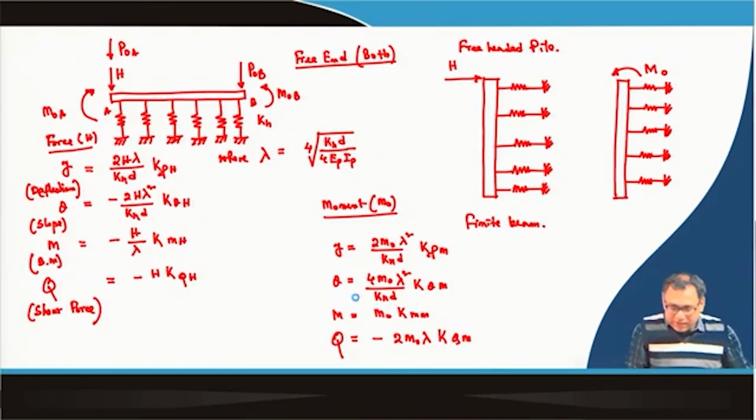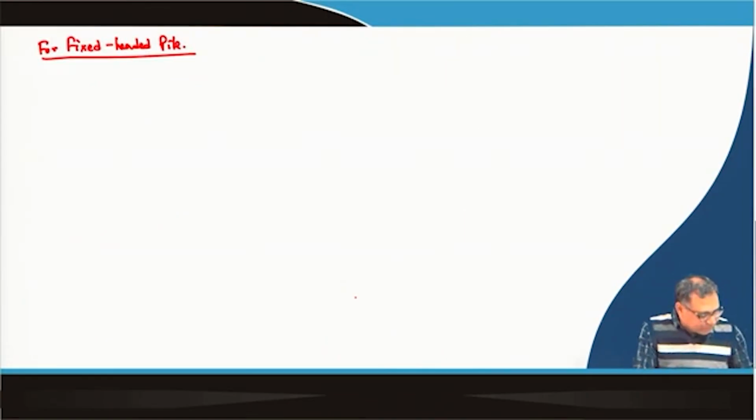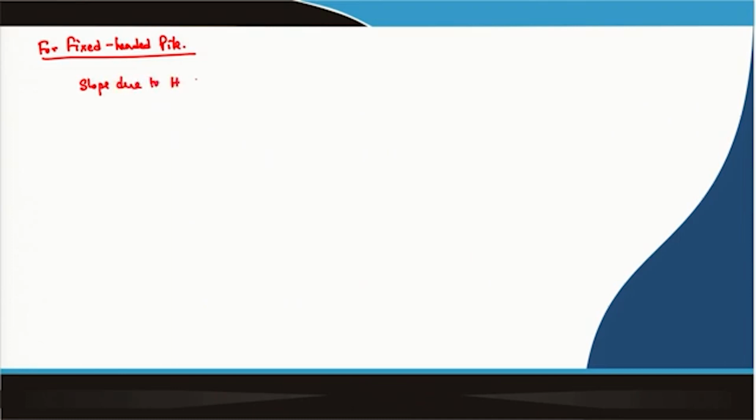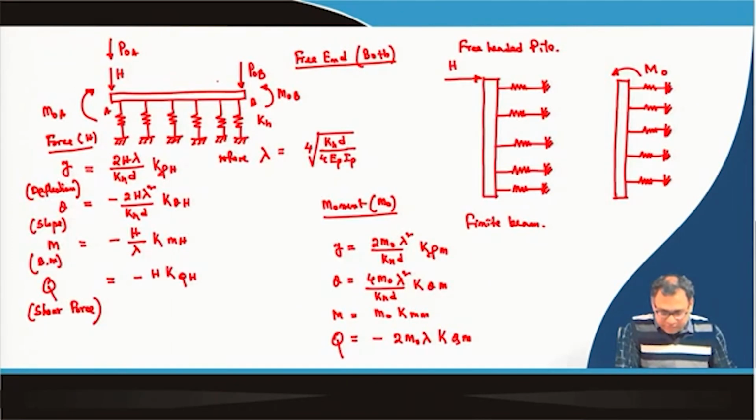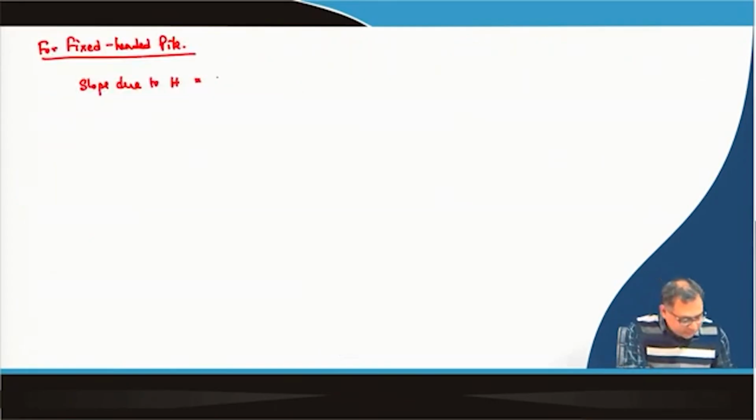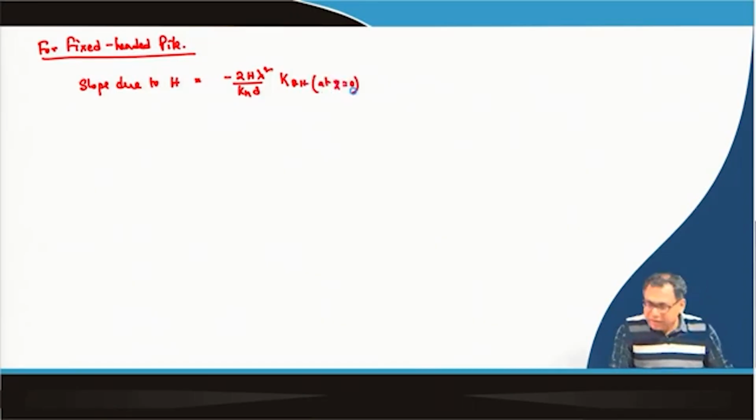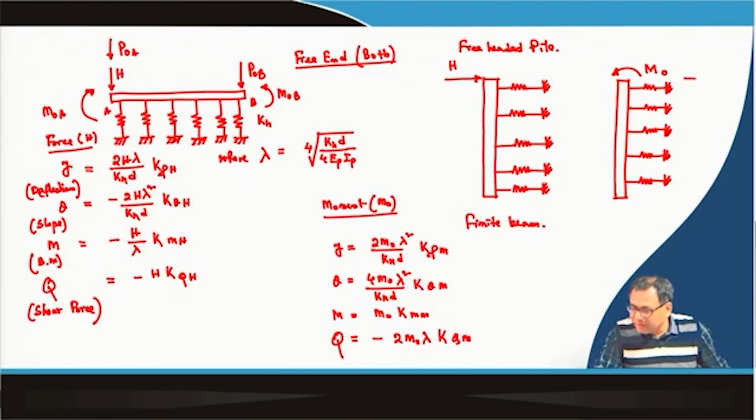Under this concept we will use the slope due to H, which is equal to minus 2 H lambda square by k h d, k theta h at z equal to 0, because the fixed head is here where z is equal to 0.